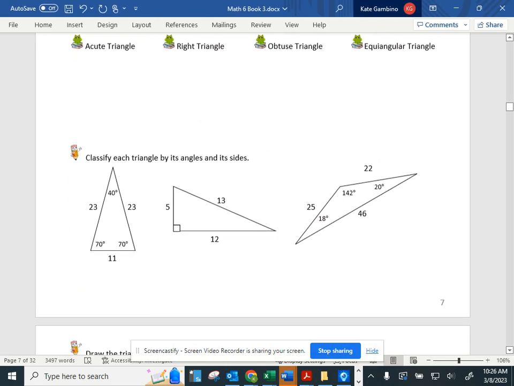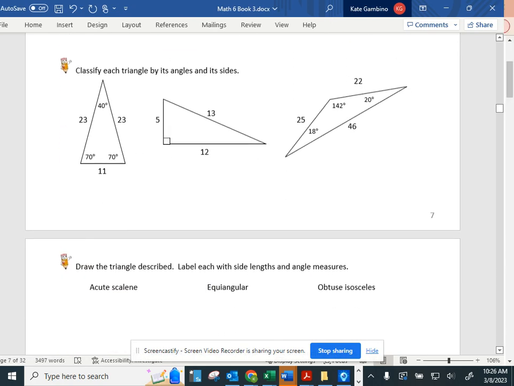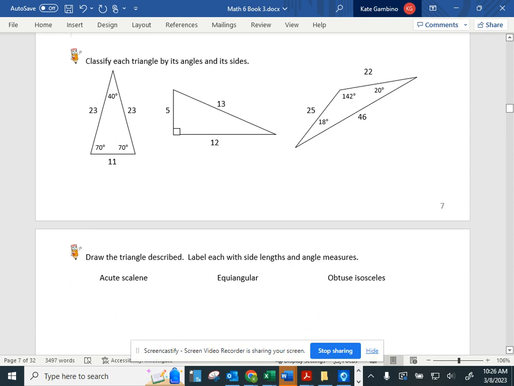Okay, so this is a two-page assignment. Let's look at the bottom of the first page. We need to classify each triangle by its angles and sides. So you need to know, is it scalene, is it isosceles, is it equilateral?